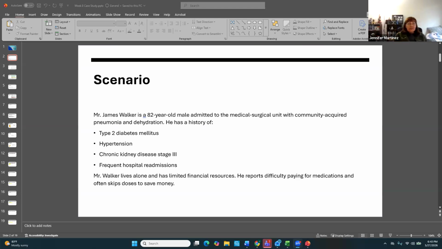He has a history of type 2 diabetes mellitus, hypertension, chronic kidney disease stage 3, and frequent hospital readmissions. Mr. Walker lives alone. He has limited financial resources, and he reports difficulty paying for medications and often skips doses to save money.